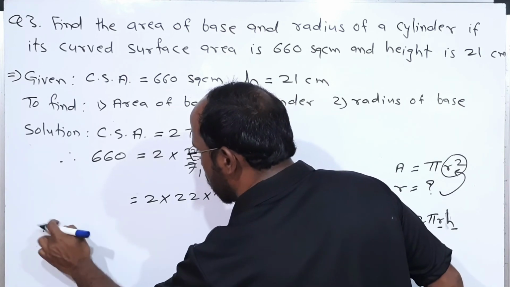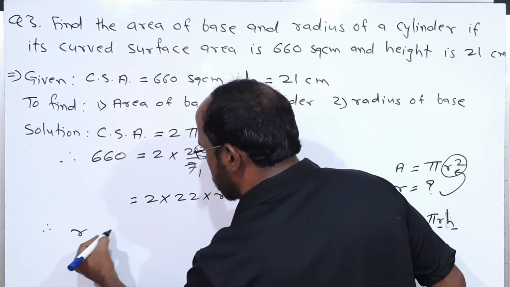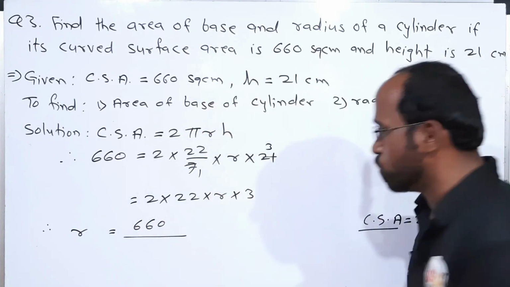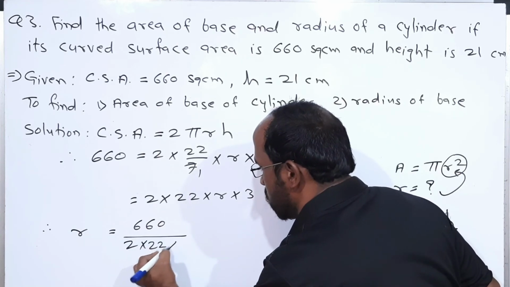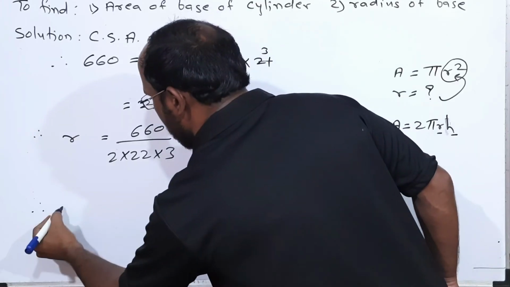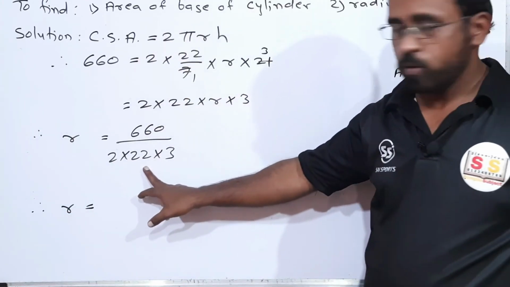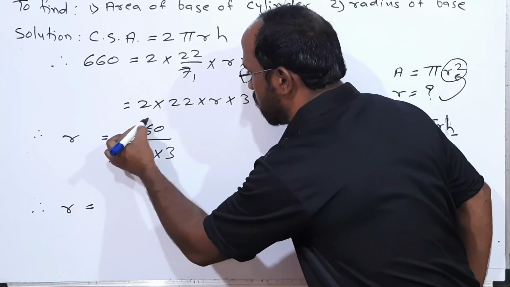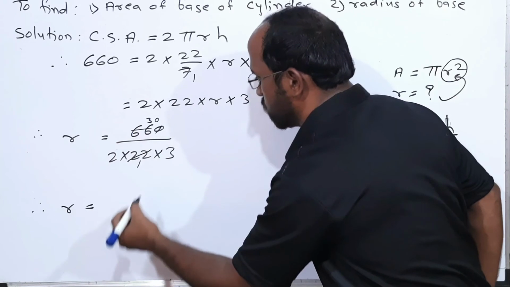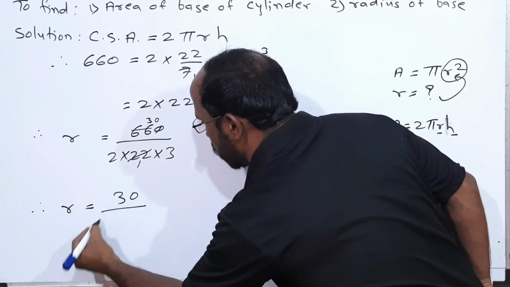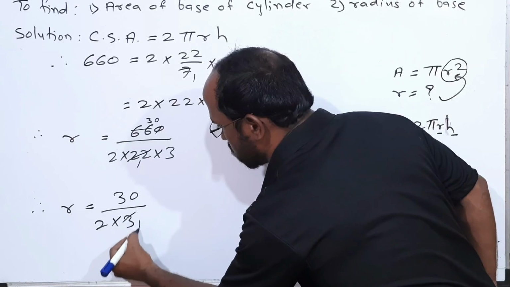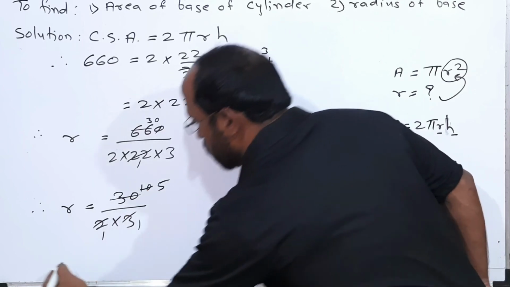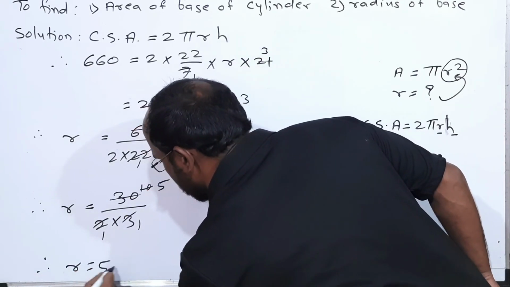Therefore r is equal to 660 divided by 2 multiplied by 22 multiplied by 3. 22 3 are 66. So 22 1 are 22, 22 3 are 66. This 0 will be as it is. So r is equal to 30 upon 2 into 3. 3 1 are 3, 3 10 are 30, 2 1 are 2, 2 5 are 10. Therefore r is equal to 5 centimeter.